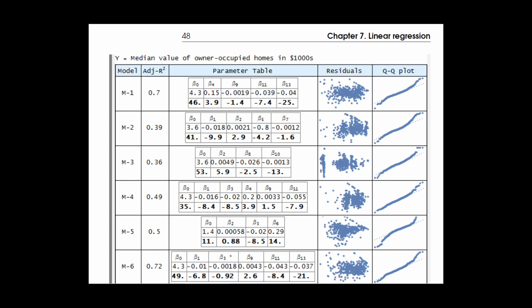The first row is the name of the beta, second is the value of that parameter, and third is the t-statistic for each beta. And then you have the residual plots and the QQ plots right here. So everything is nicely, concisely set up here.